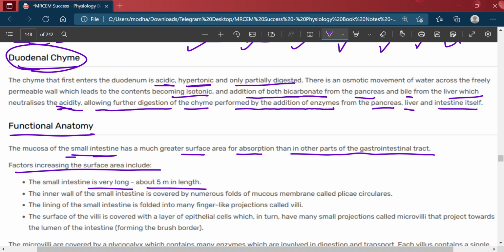The inner wall of the small intestine is covered by numerous folds of the mucous membrane called the plica circularis.